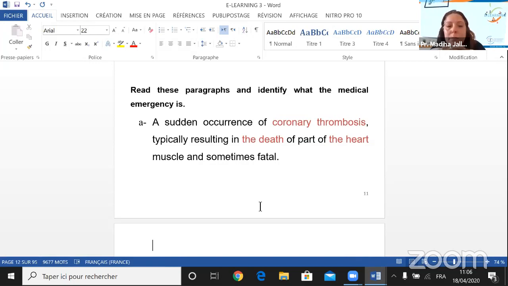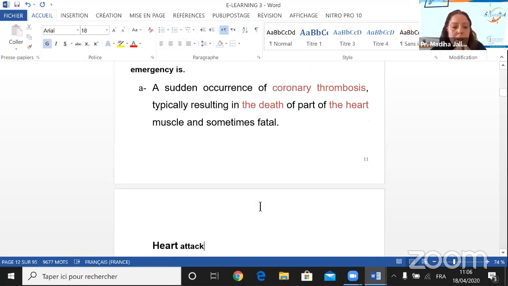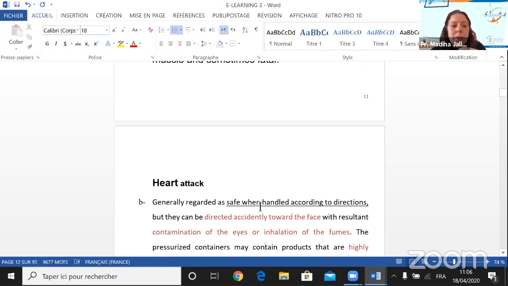Good. What is the problem here? Heart attack. It's a heart attack, because of the words coronary thrombosis, which results in the death of the heart muscle. So you see the answer there, it's a heart attack.